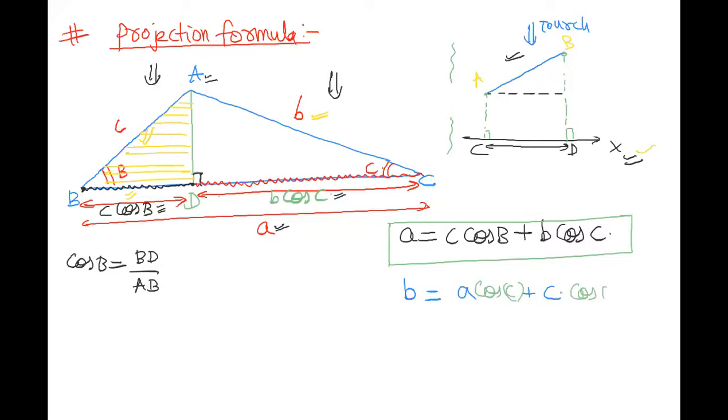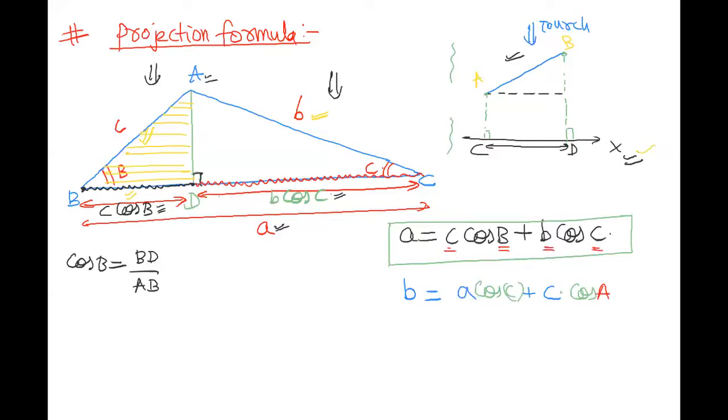With c it is coming out to be B, cos A will come. A will come, correct. These are interchanged. This side, here angle, this is side.